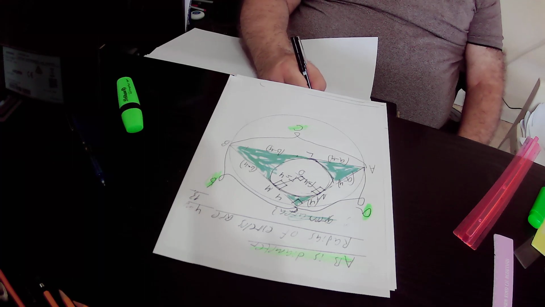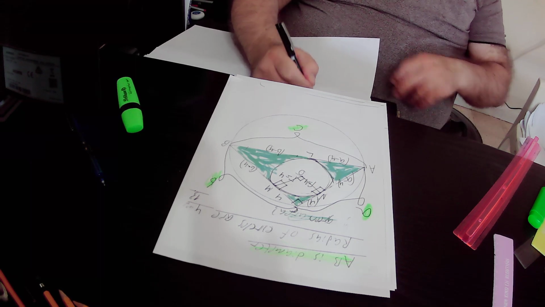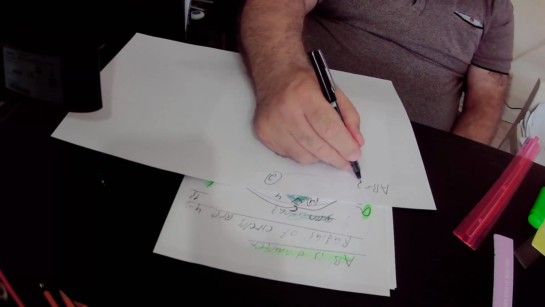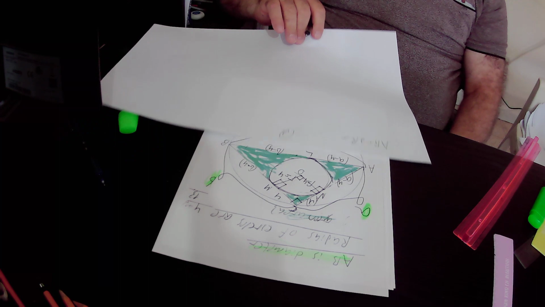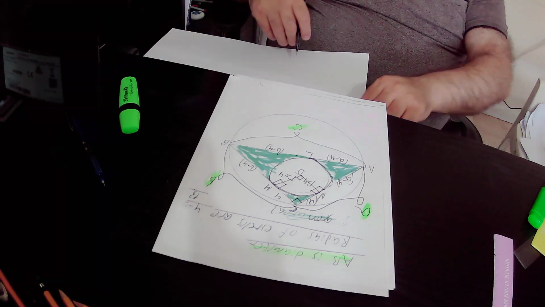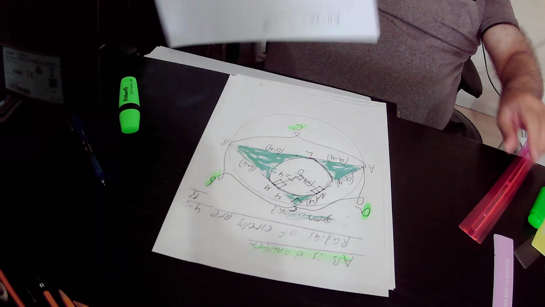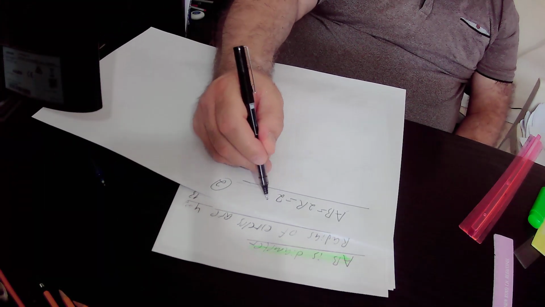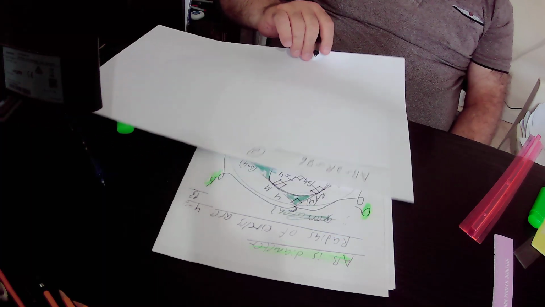So if we define the radius of the big circle as capital R, then AB must be equal to 2 times capital R. But it is given in the question that R, the radius of the big circle, is equal to 13 units. So 2 times 13 is 26, that is the diameter AB of the big circle.